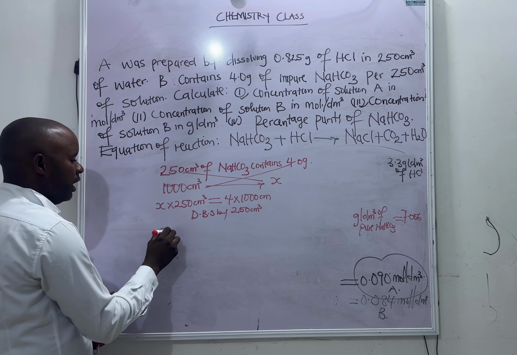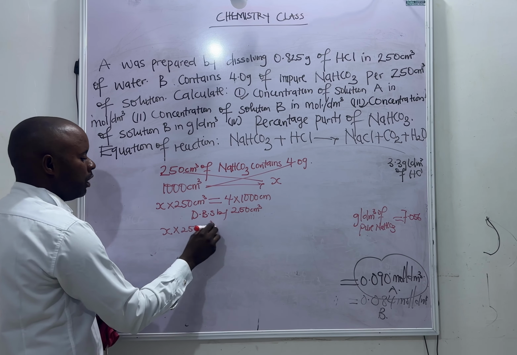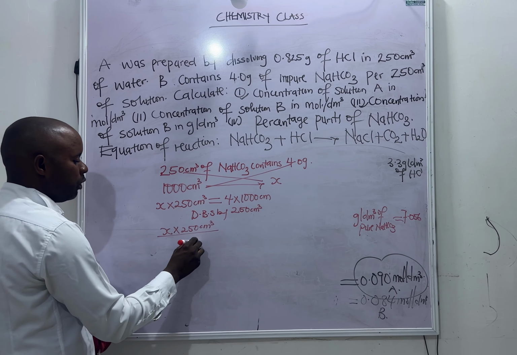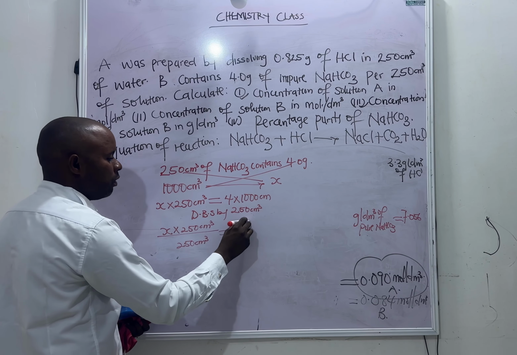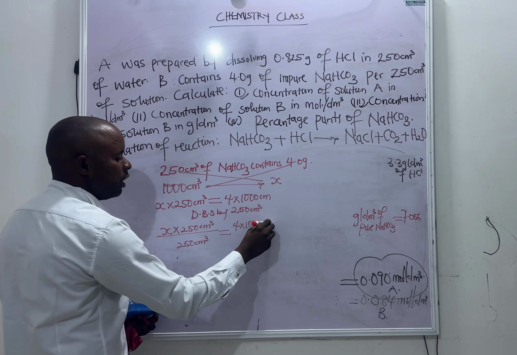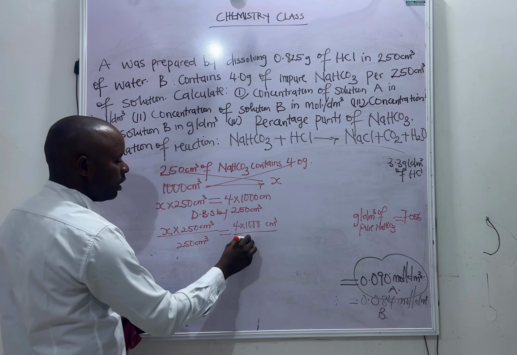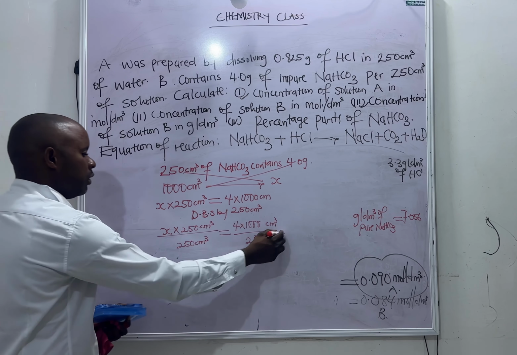So we have S times 250 cm cube divided by 250 cm cube is equal to 4 times 1000 cm cube all over 250 cm cube. So this will go.